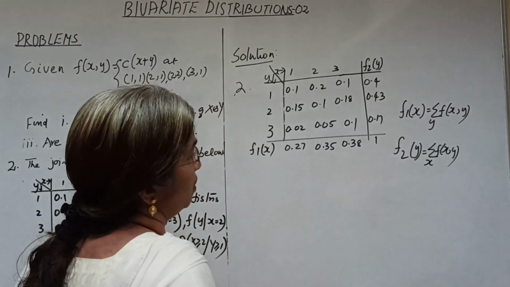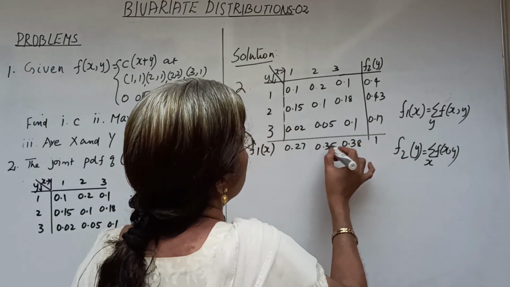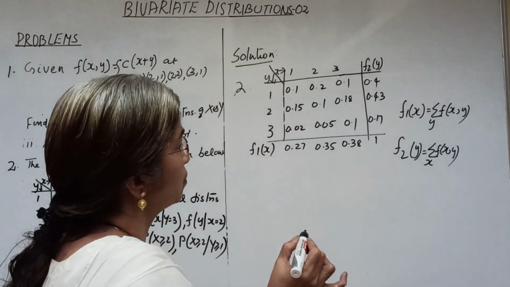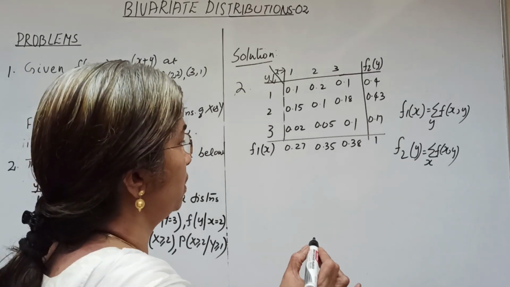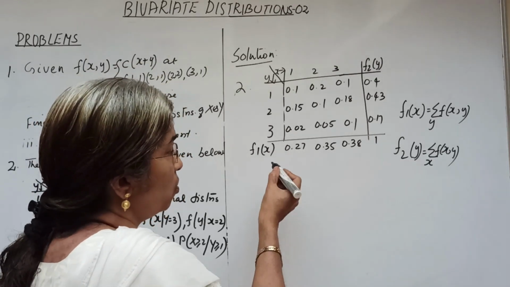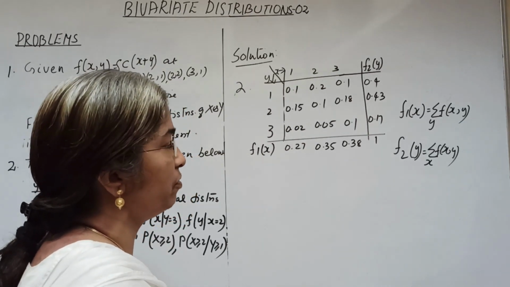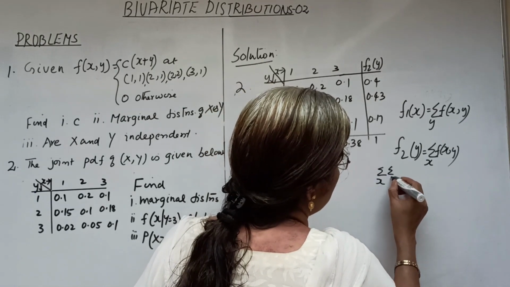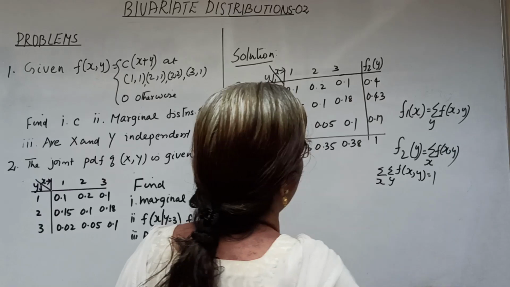The total is 1. That is, sigma over x of f1(x) equals 1, sigma over y of f2(y) equals 1, or sigma over x, sigma over y of f(x, y) equals 1.